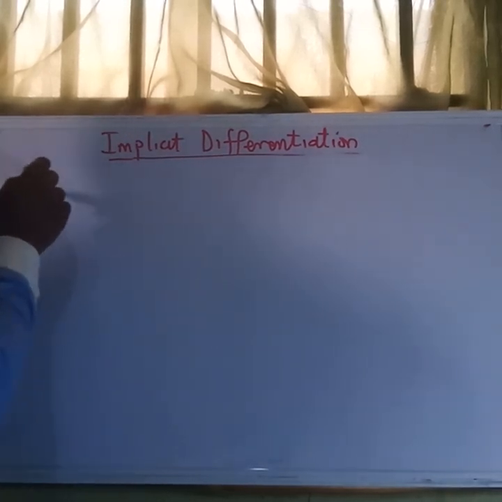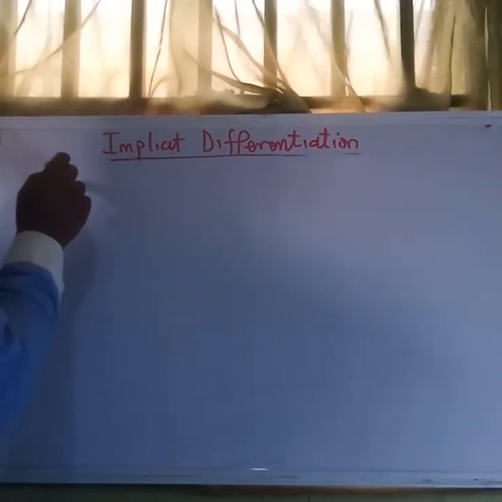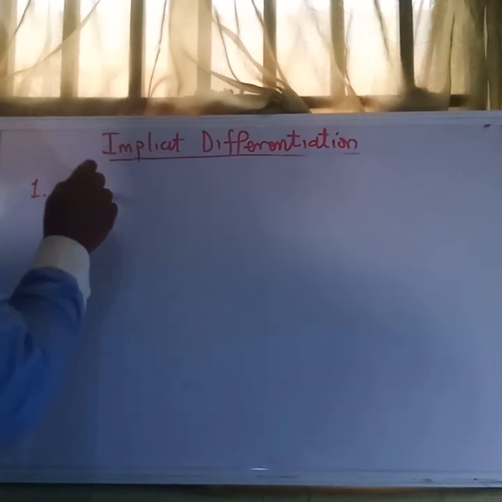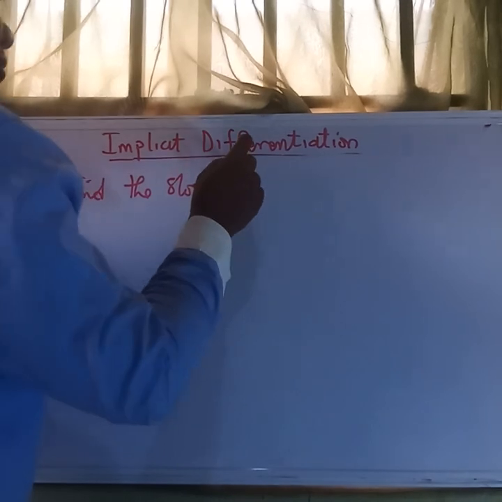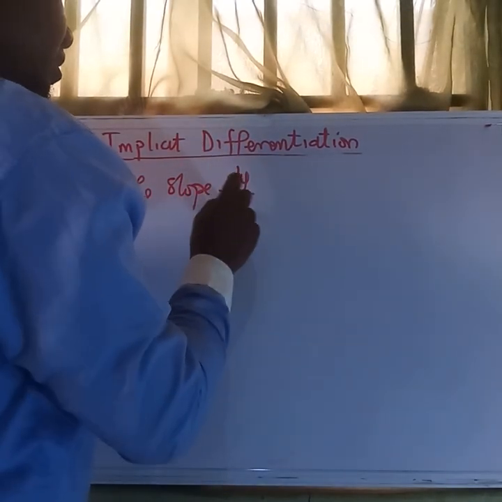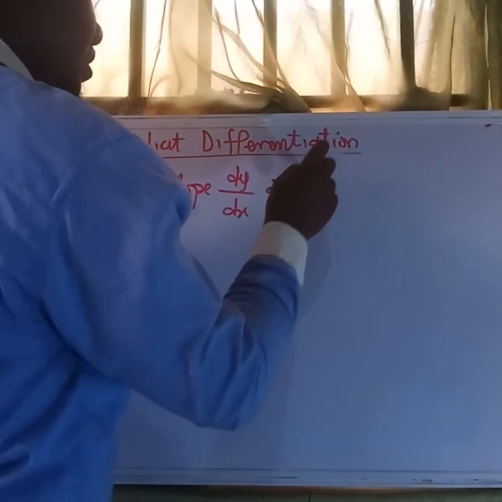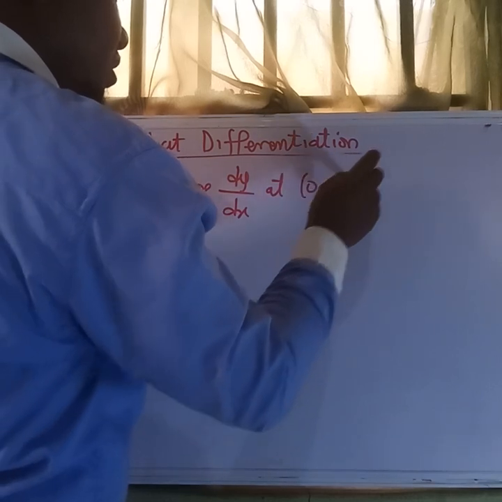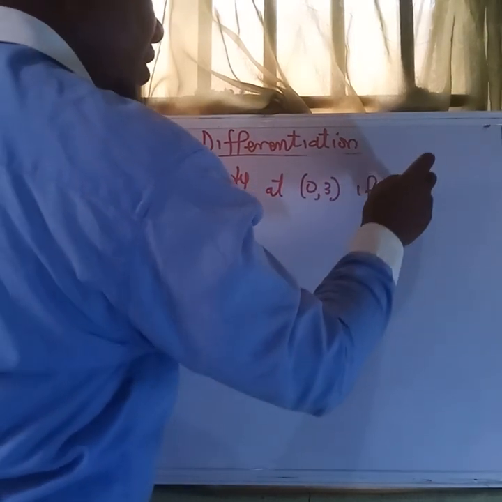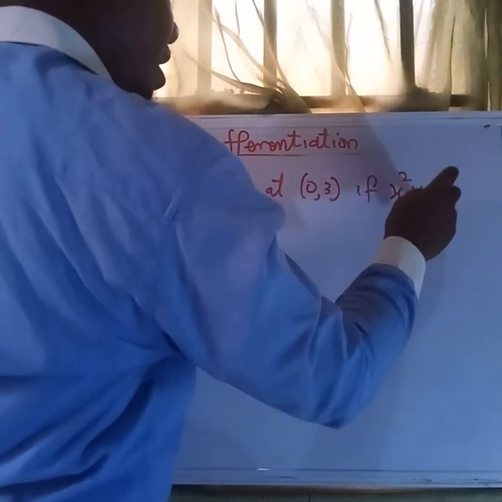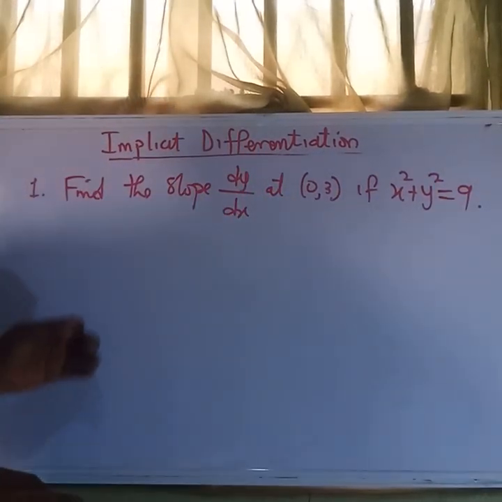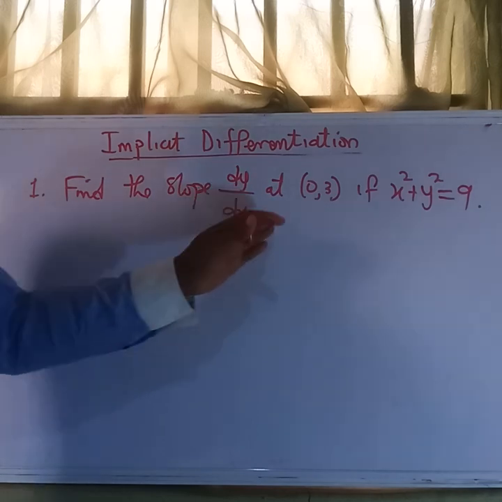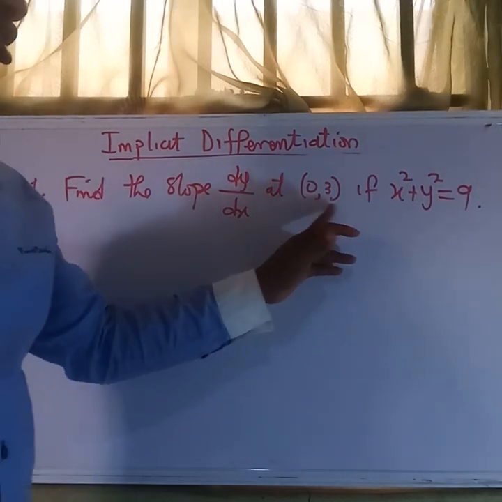The first example says: find the slope dy/dx at (0, 3) if x squared plus y squared is equal to 9. So we want to find the slope, dy/dx, at this point.